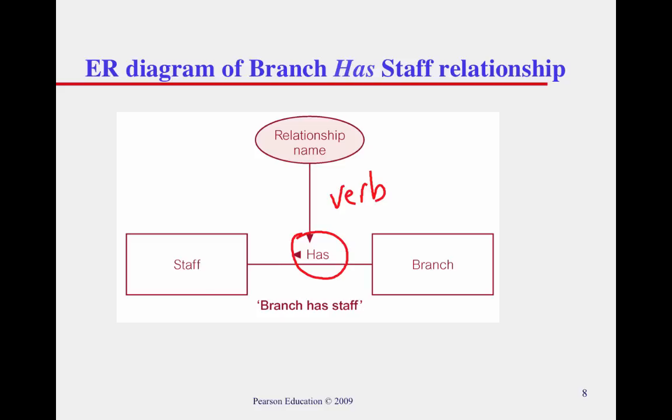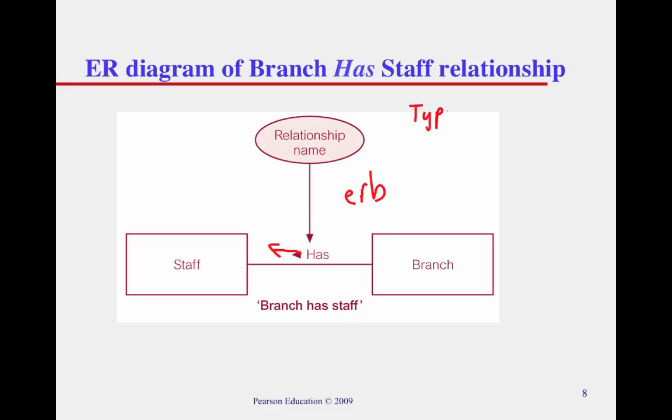The direction that you choose for the arrow, notice here the arrow points towards staff. Okay? Typically, the direction of the arrow points to the entity that's going to contain the foreign key.